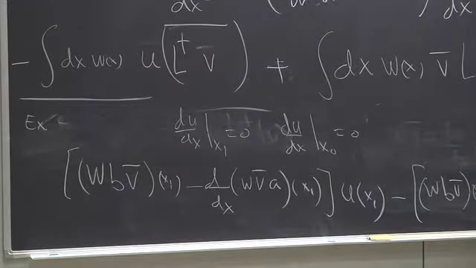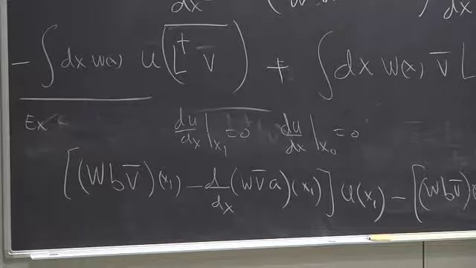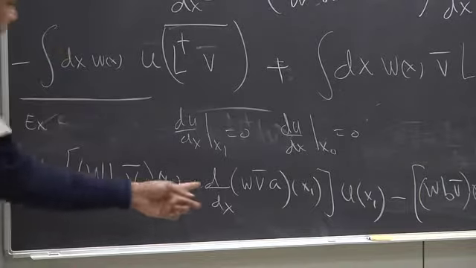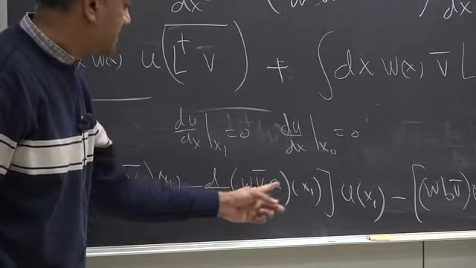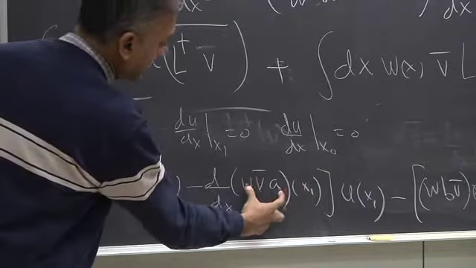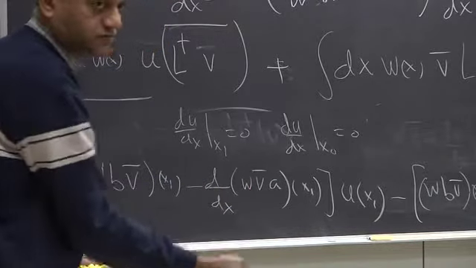Furthermore, for simplicity, let's say w is 1 and a is 1. In that case, w and a are constant, so you can take them out, and it's simply d by dx v bar.